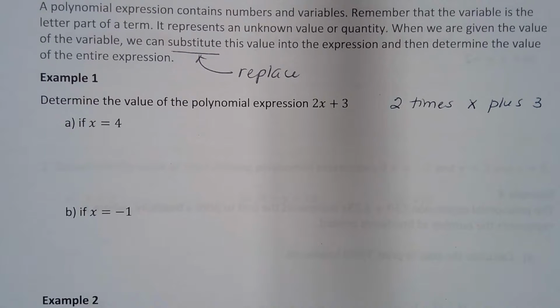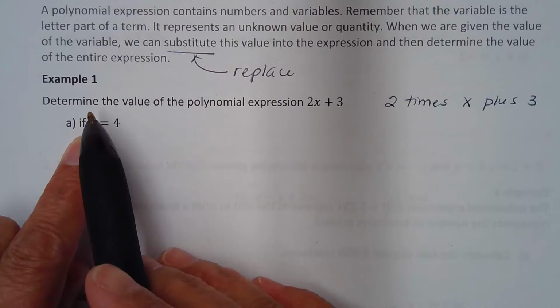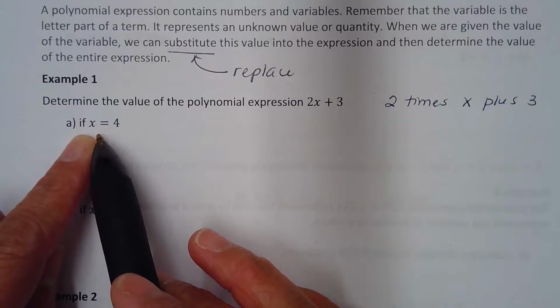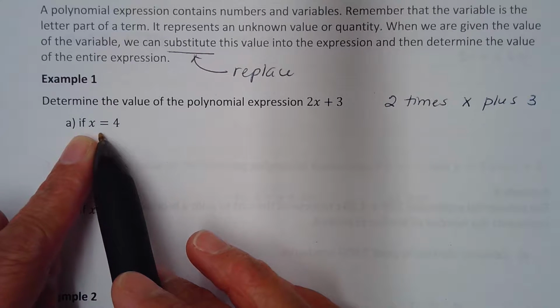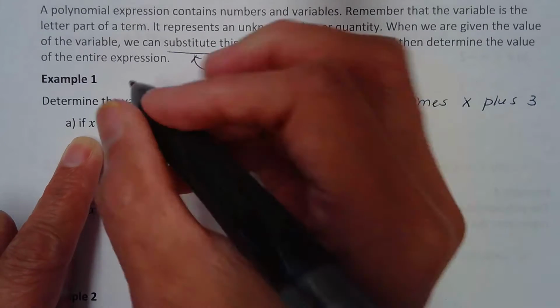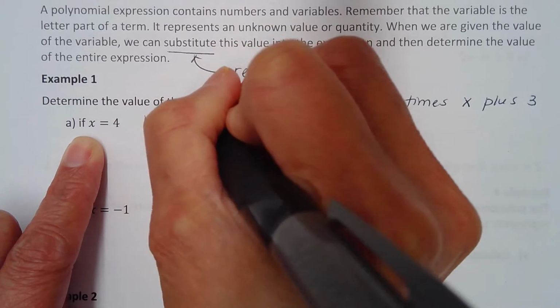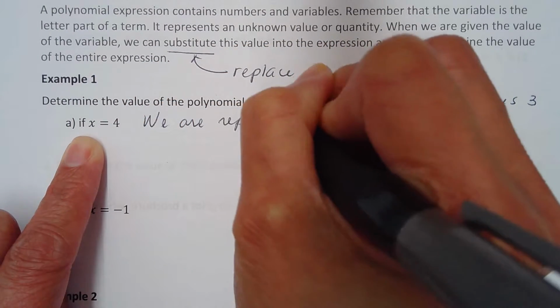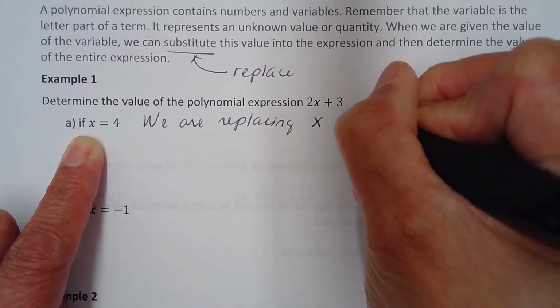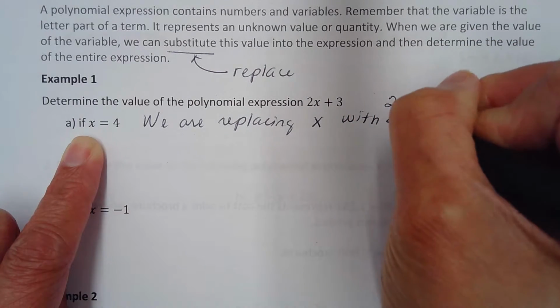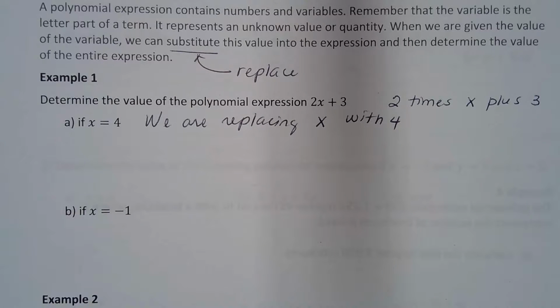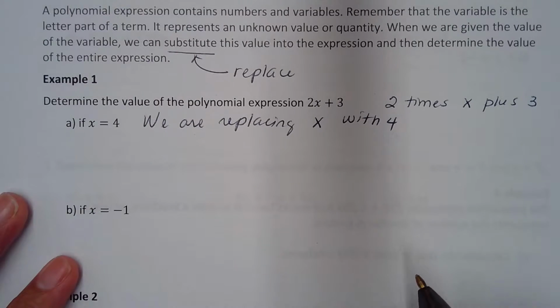It says here, if x is equal to 4, so what are we trying to do? We're replacing x. We're replacing x with what? 4. We are replacing the x with 4 here. Okay, let's do that. Let's replace the x with 4. What would that look like?